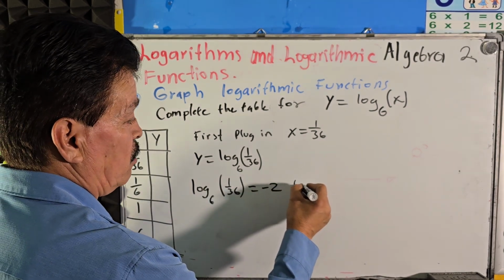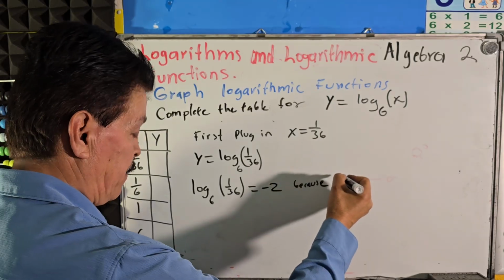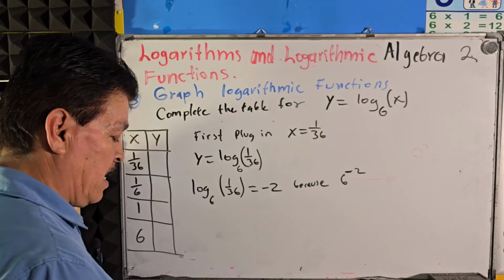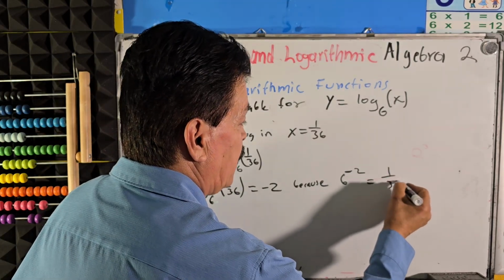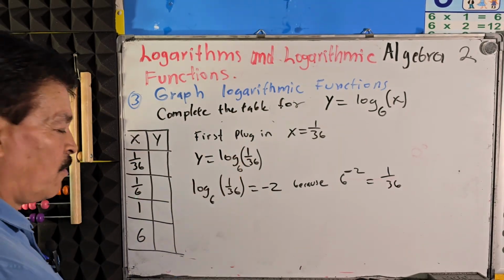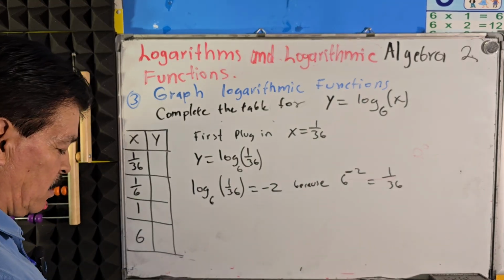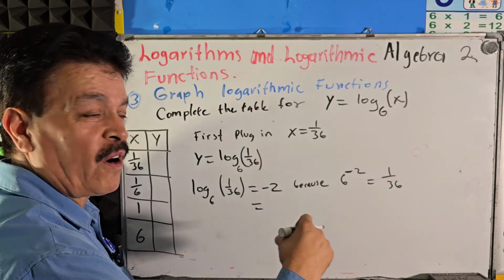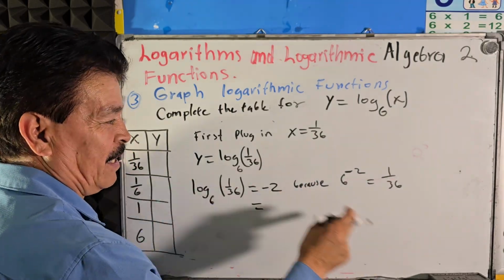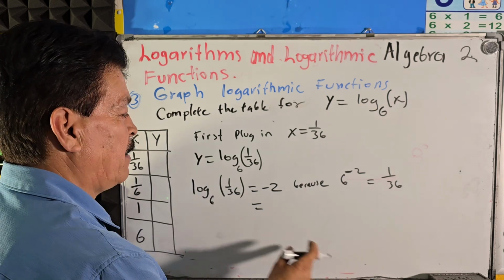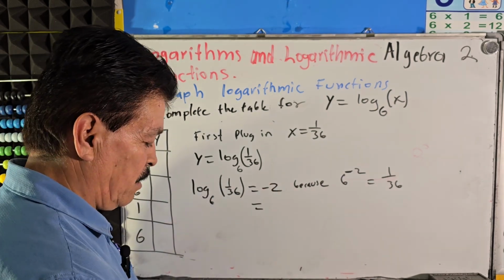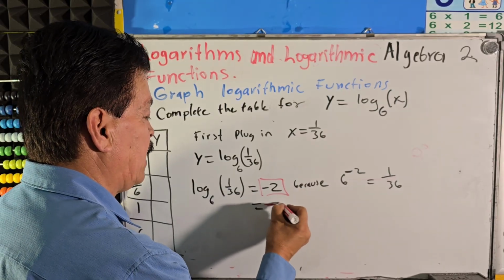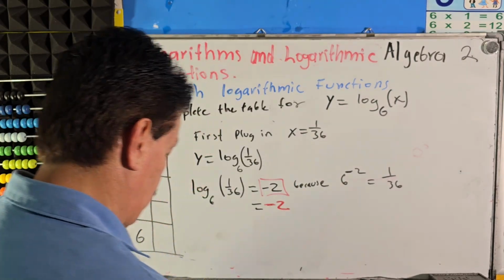Because 6 to the -2 power equals 1/36. So sometimes the answer here is confusing. This is the explanation. In the problem before, I made a mistake when I wrote 1/36 right here. But the answer is really right here. You see the answer right here? The answer is this one. So here it is -2, our answer for the first one.